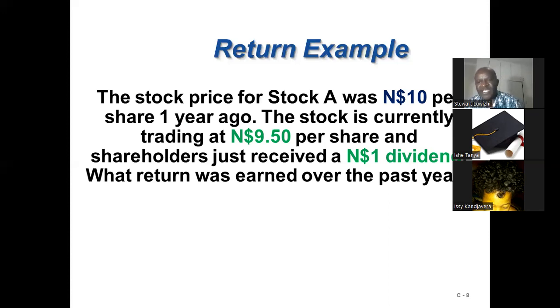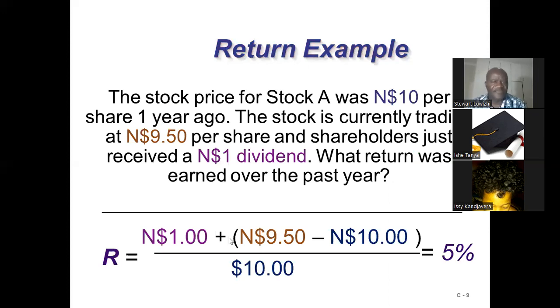Now, we go back to our formula. Remember, a year ago the stock price was $10, but at the present moment it's trading at $9.50. What it means is it has fallen in value. But remember, there is a dividend that was paid during the course of the year, a dividend of $1. Then the question is, what return was earned over the past year?